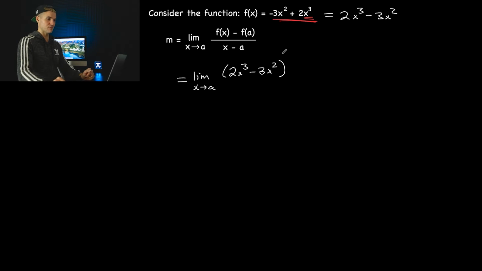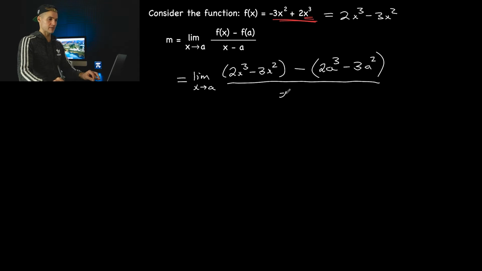So that's going to be the f of x, and then we're going to be subtracting f of a, which we just plug in a for the x values, right? So it'd be 2a cubed minus 3a squared, like that. And this is going to be all over x minus a, like that.